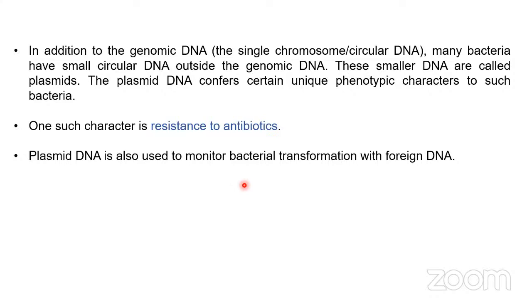When we want to express any foreign DNA, we insert the foreign DNA into the bacteria with the help of the plasmid. So this plasmid DNA is also used to monitor the bacterial transformation with the foreign DNA. So this is about the plasmid.